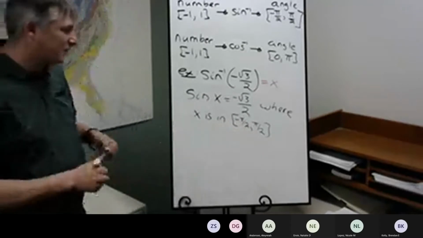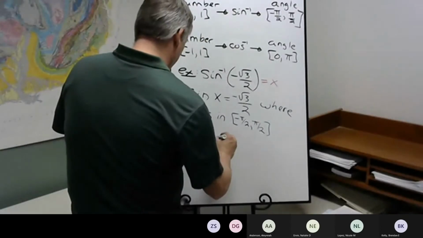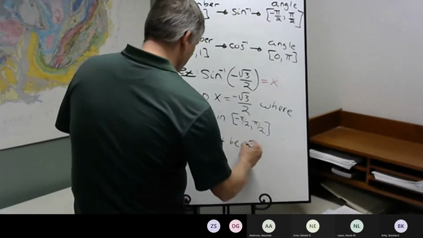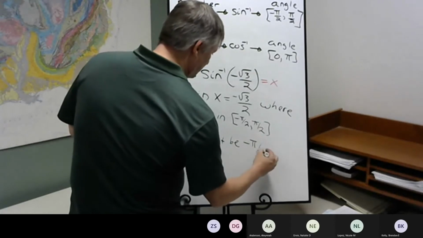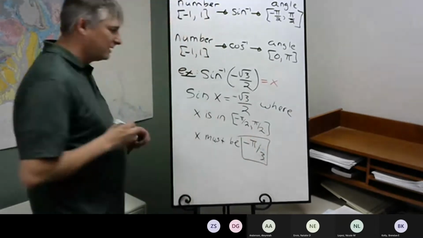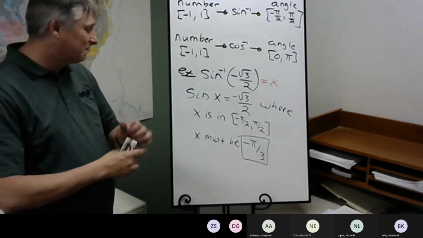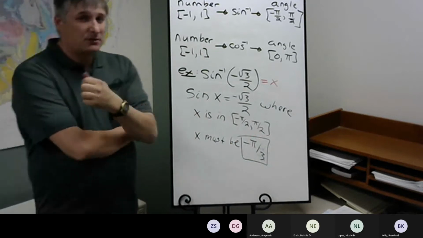And so that's going to be -π/3. x will be -π/3. Questions about that?